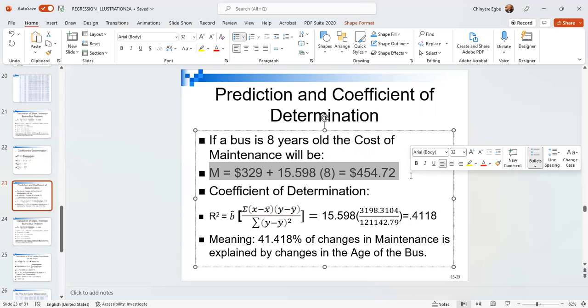Now, what percentage of changes in maintenance costs is explained by age, which is changes in the age, okay? And our calculation here is that 41.18% of changes in maintenance is explained by changes in the age.